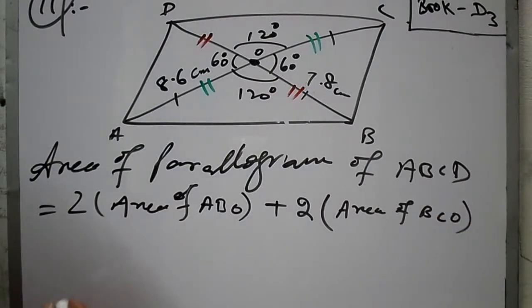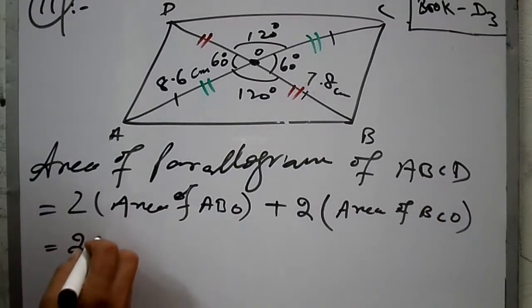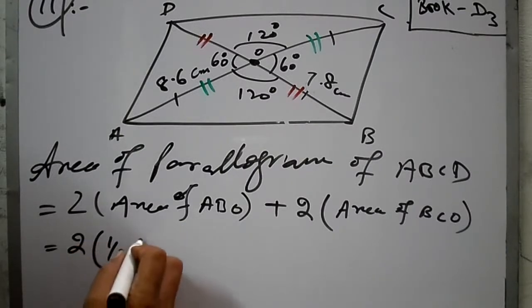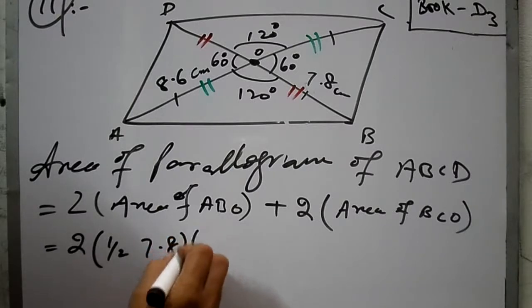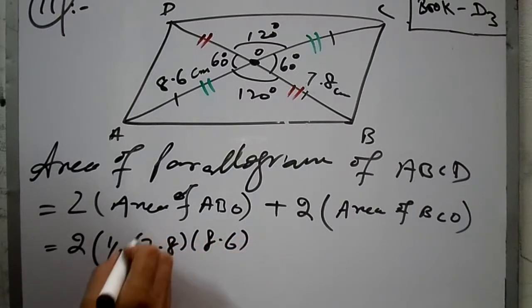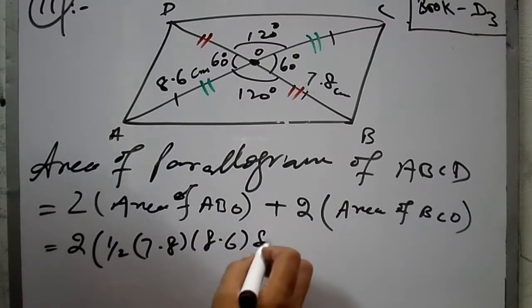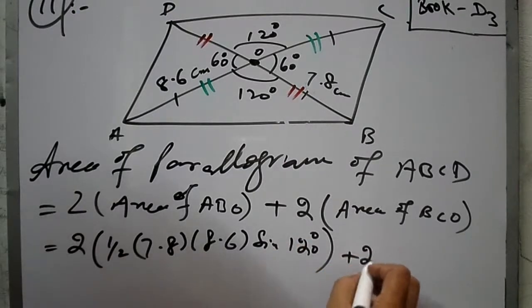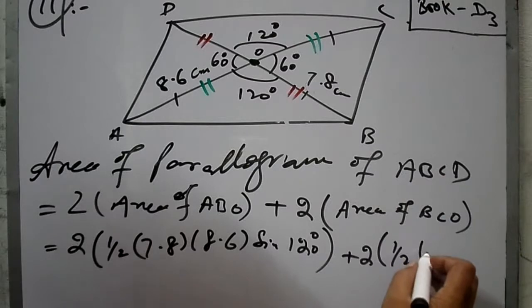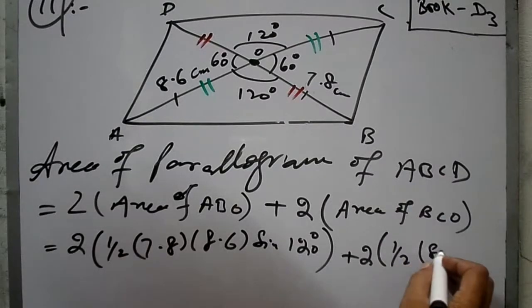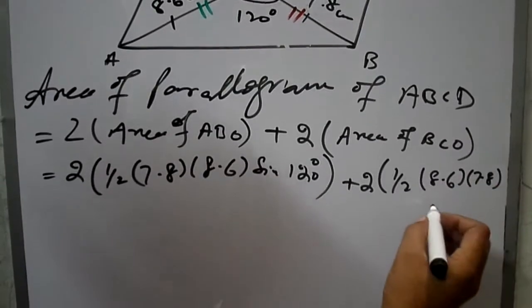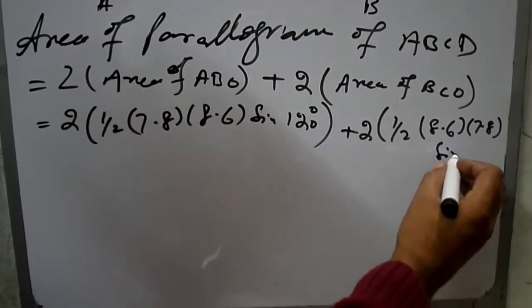So we have to put the values, that is twice the area of ABO, that is half into 8.6 into 7.8 sine 120 degree, plus twice half into 8.6 into 7.8 and sine 60.